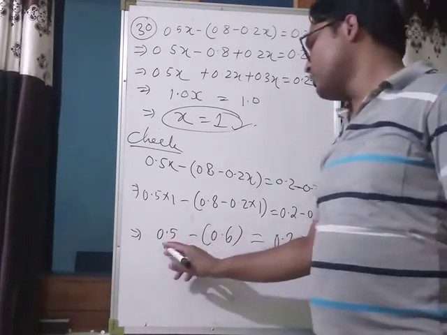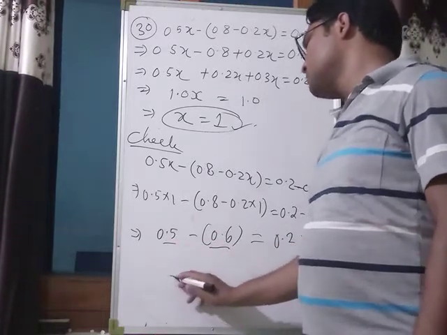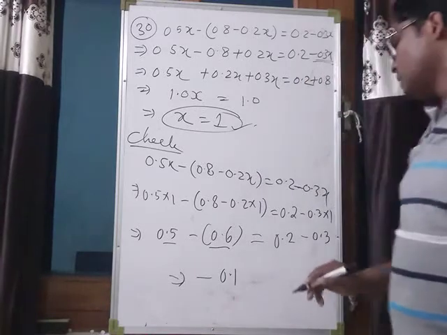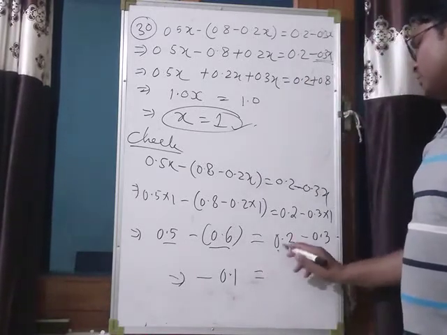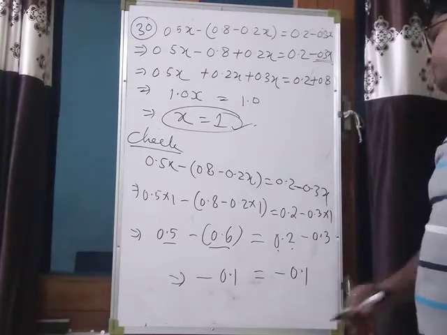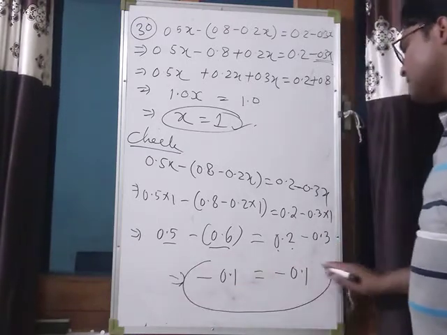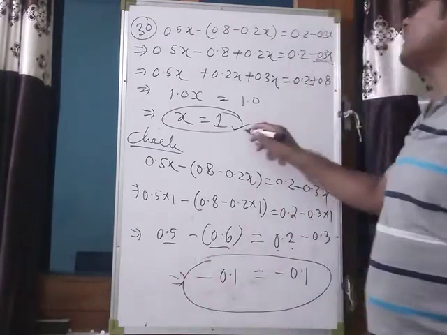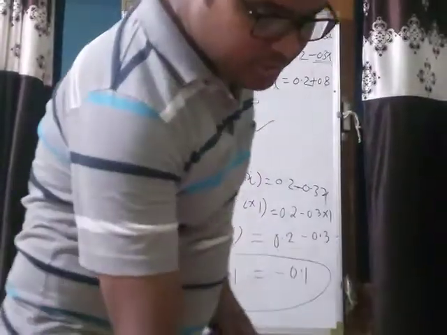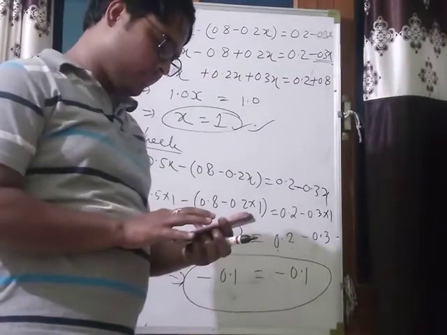So what we have? 0.5 minus 0.6, that is minus 0.1, and on the right side 0.2 minus 0.3, that is minus 0.1. Clearly you can see that left side and right side are the same, that's why our answer x equal to 1 is correct.